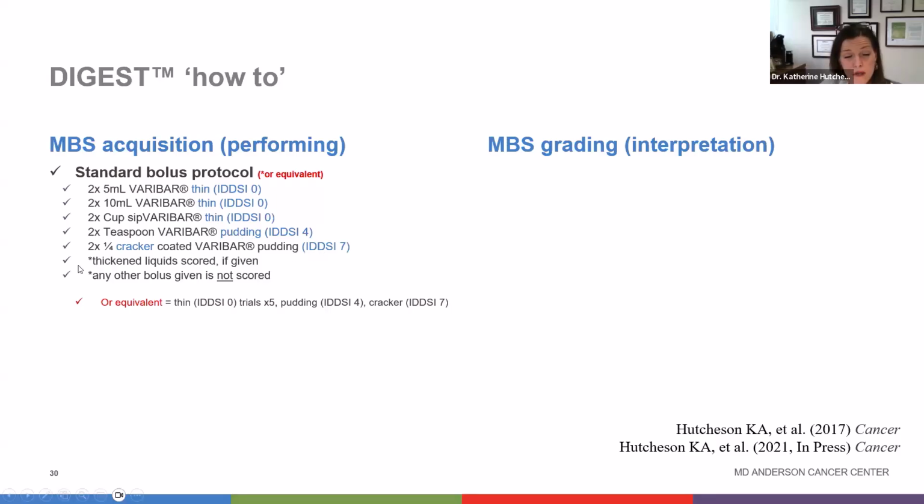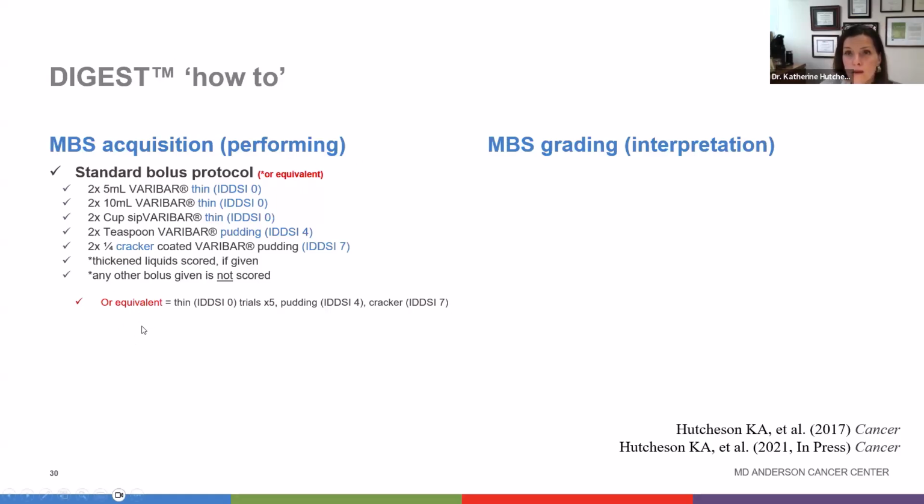If thickened liquids are given in the test, whether or not they're in your standard bolus protocol, they are scored. And any other bolus given is not scored in the current paradigm. For those that are astute, you can see that there are gaps. We don't have in the Digest methodology what you do with an IDSI level 5 or 6 in the current framework.